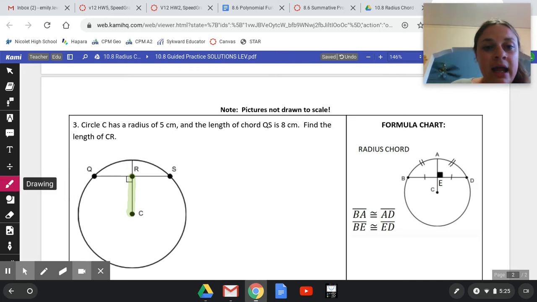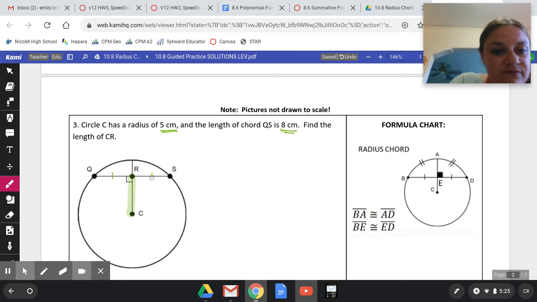Well, I know that it's got a radius of 5. I know that QS is 8, and if QS is 8, and I know that these two parts of QS are congruent, they're going to be equal. So they're each half of 8, so this is 4, this is also 4.